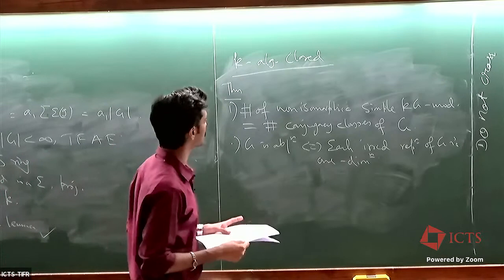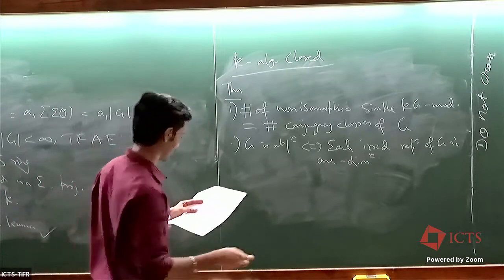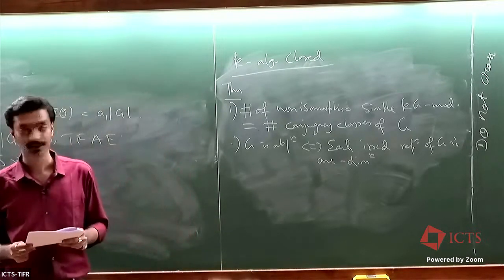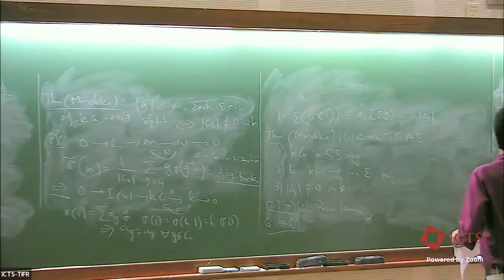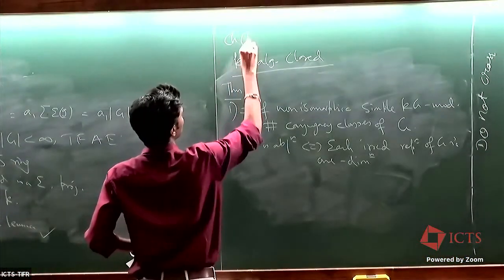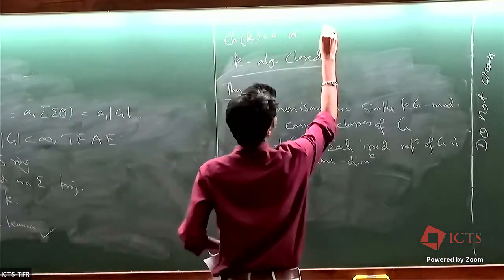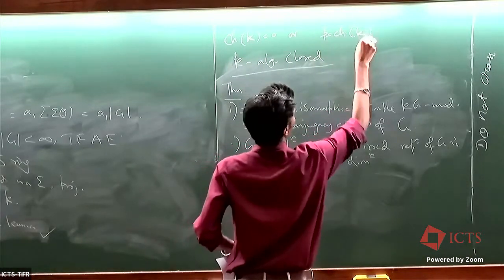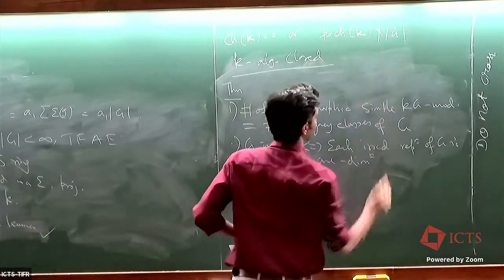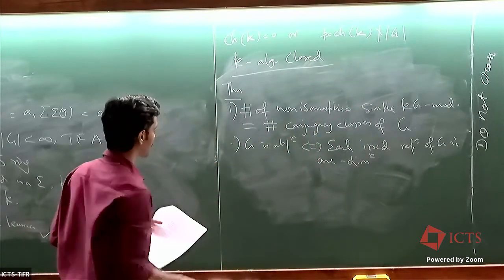Okay, so I am now inside this case when the order of G is non-zero in K. So here the characteristic of K is either 0 or p, where p does not divide the order of G. Okay.